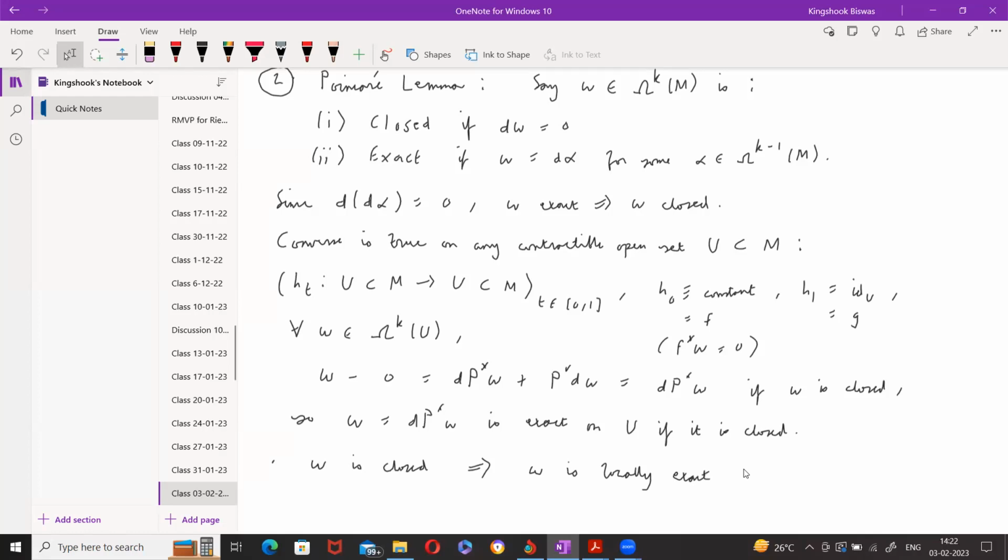Whereas, conversely, if omega is locally exact, so in the neighborhood of a point, if omega is equal to d alpha, then the operator d is local. It's given by taking derivative. So then d omega will be 0, right? If omega is locally d alpha, then d omega will be 0. So if omega is locally exact, then it will also be closed. So that means that omega is closed if and only if omega is locally exact. Okay.